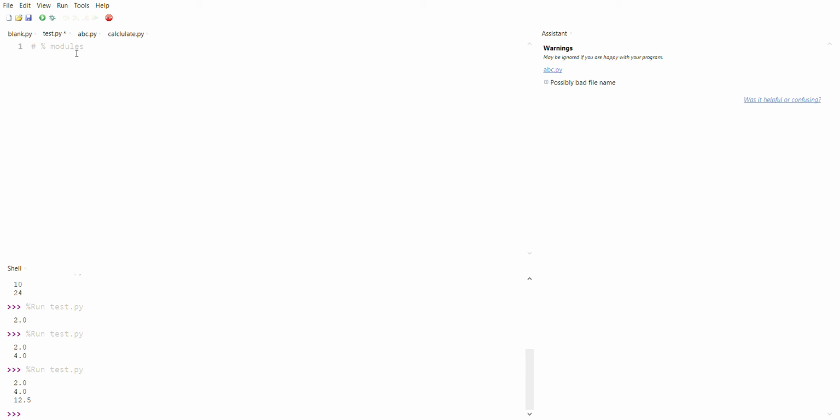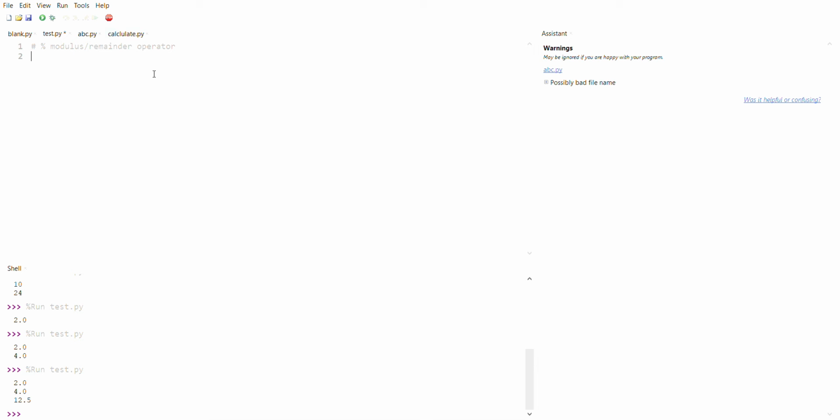Modules. Oops, I'm wrong. Modulo, modulo operator, or we can say this as the remainder operator.